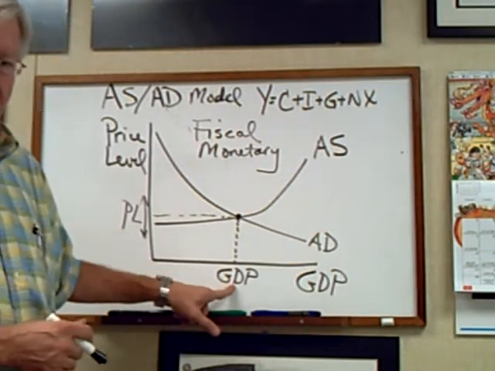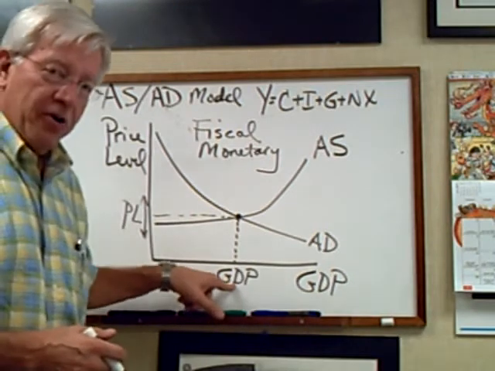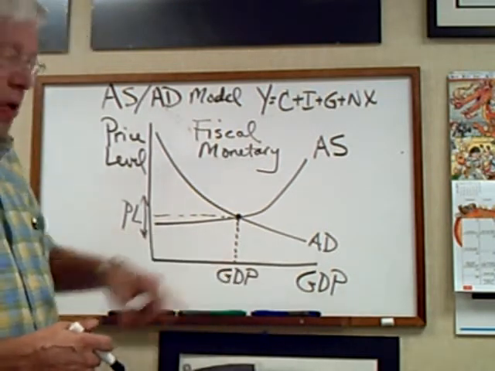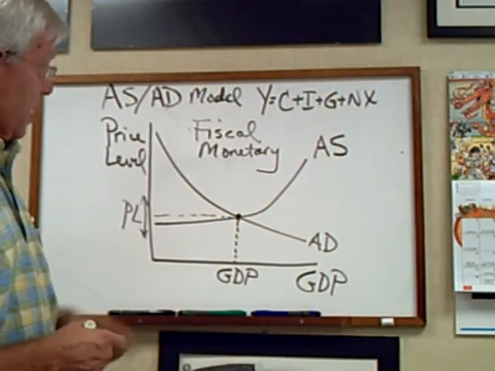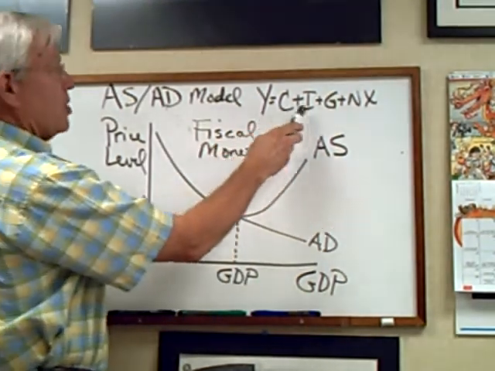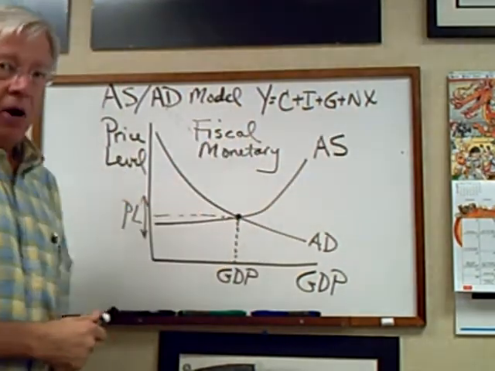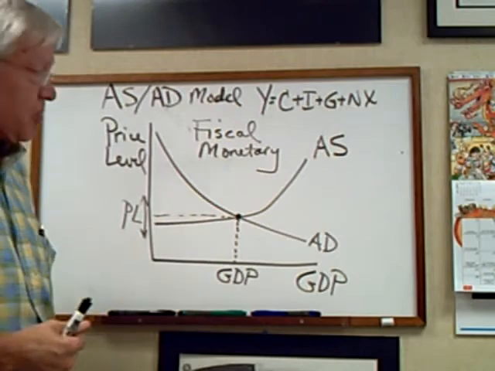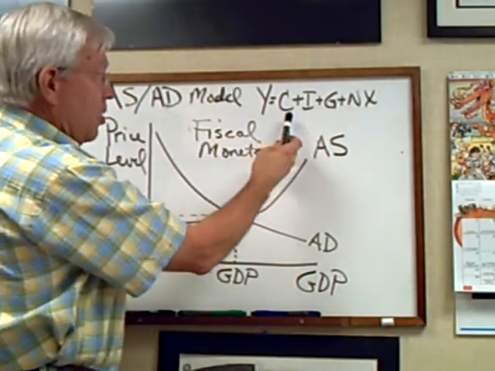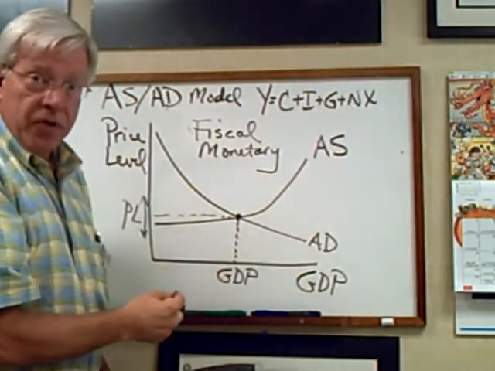Of course, again, $14 trillion, that's a hard number to measure pretty accurately, but this is what the model tells us. Now, fiscal policy rests primarily on influencing one of these four elements of output. Y is the general symbol for GDP. We have consumption, that's about 68% of the GDP.